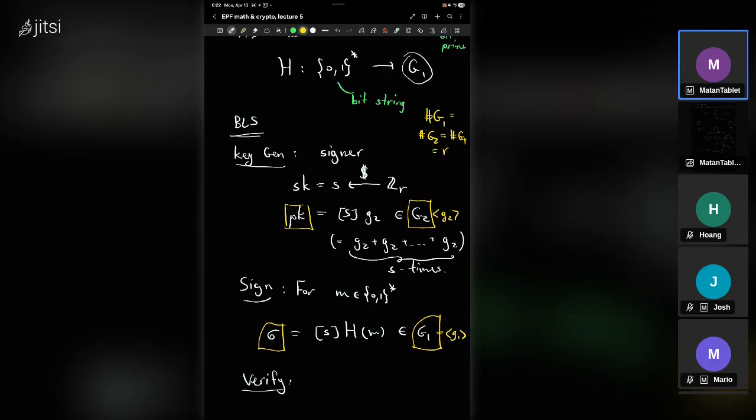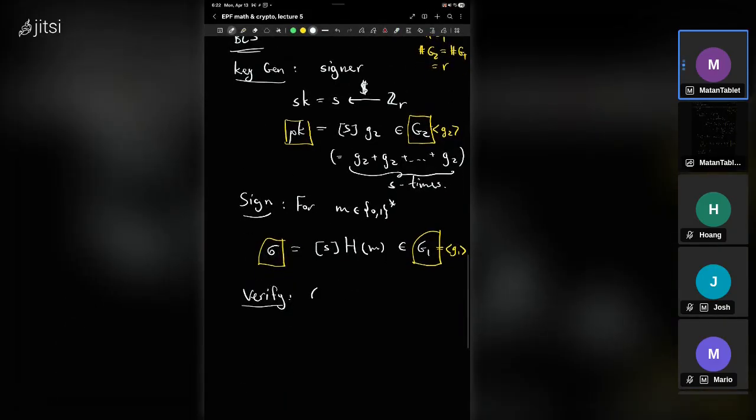And they check. So they get a message and the signature attached to this message, signed by the signer, and they need to verify that this is indeed a valid signature.